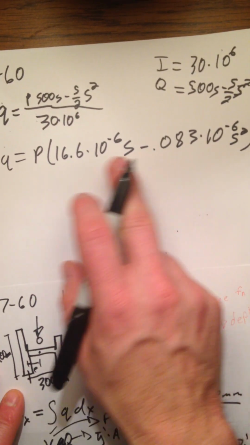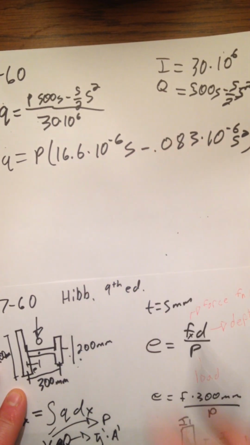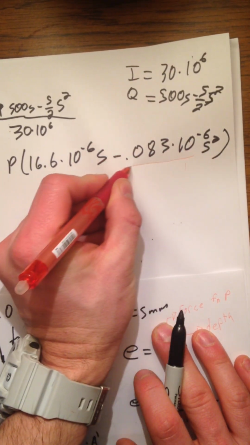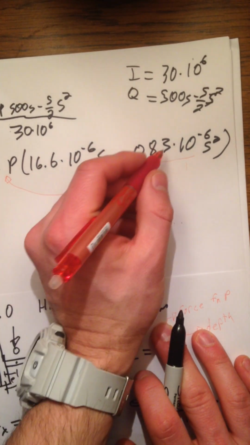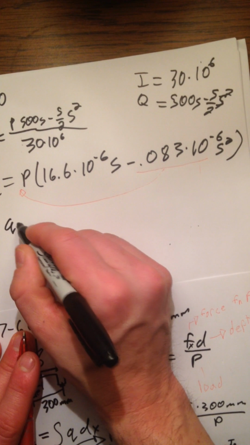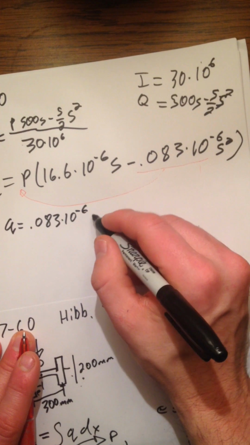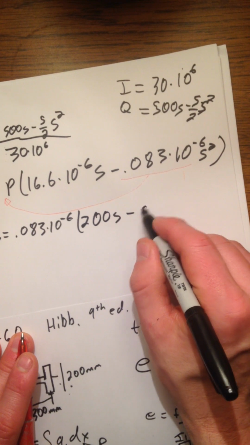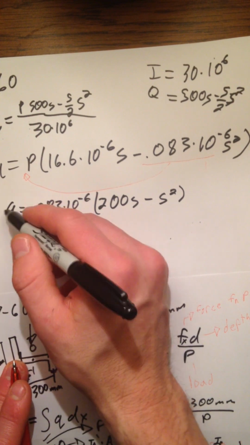I don't like integrating funky numbers like these, so we can simplify that by pulling this 0.083 and the 10 to the negative 6 out and dropping it in here. So if you divide that by itself and by 0.083, you'll get q equals 0.083 times 10 to the negative 6 times 200 s minus s squared. Much easier to integrate.